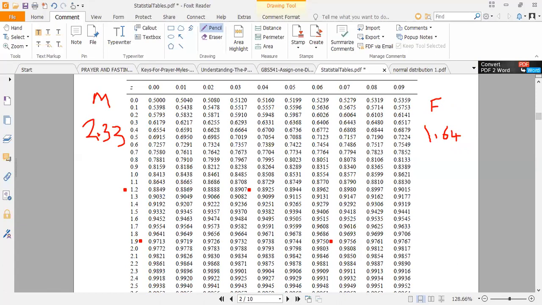Who's starting, the males or the females? The males. Yes, the males.